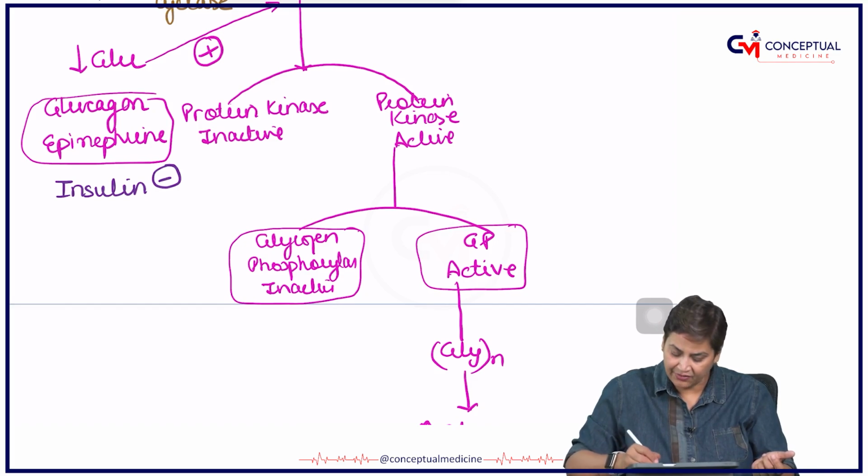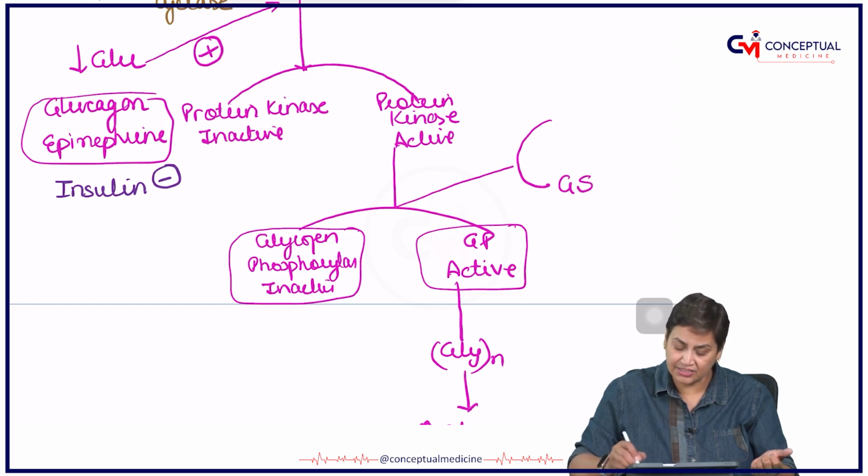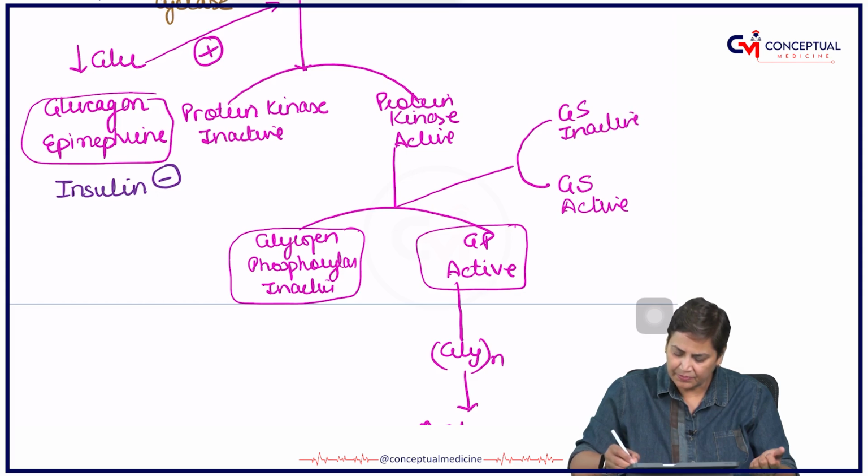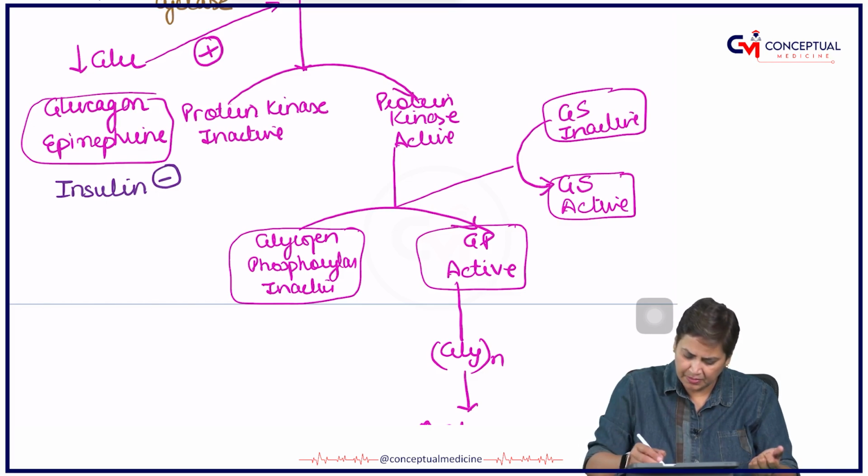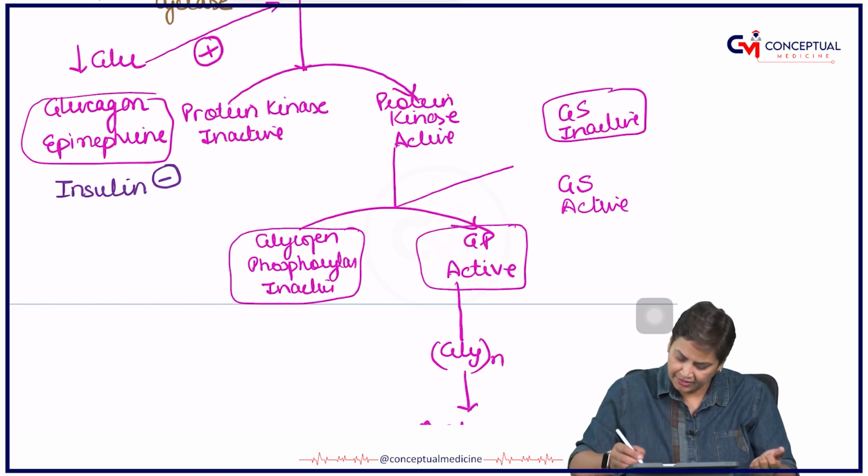So I can say that if glycogen phosphorylase is active, then glycogen synthase, which I am writing as GS, which was active earlier, will now be converted into inactive glycogen synthase. Like this. Okay, one second, this will be inactive.